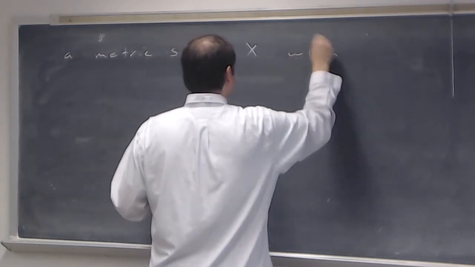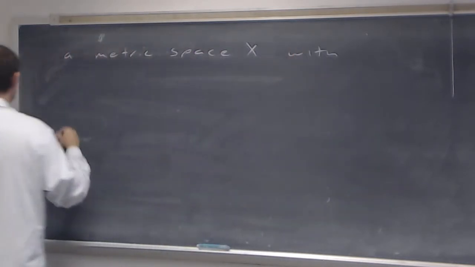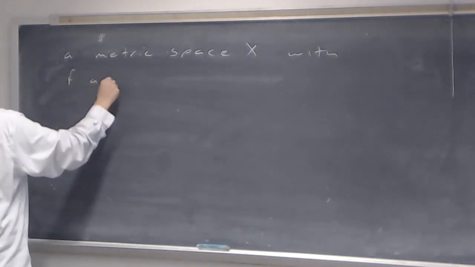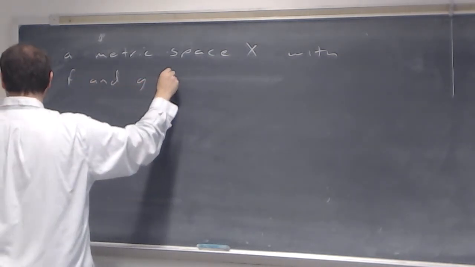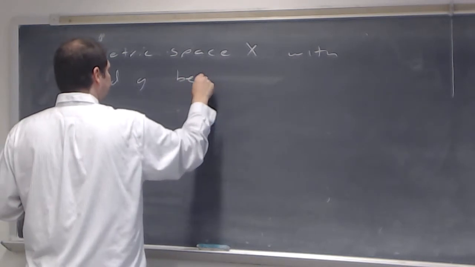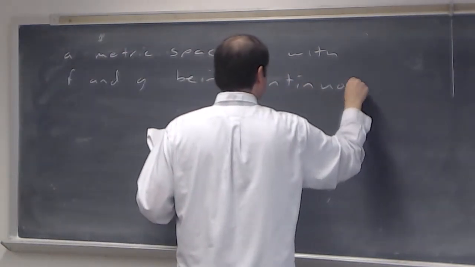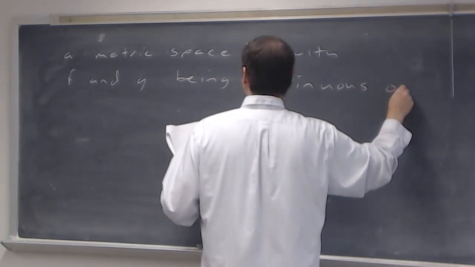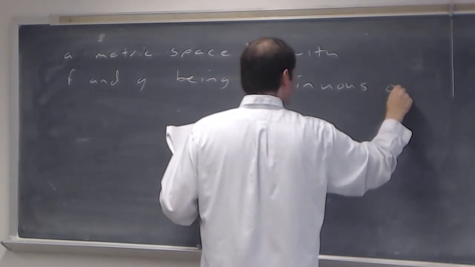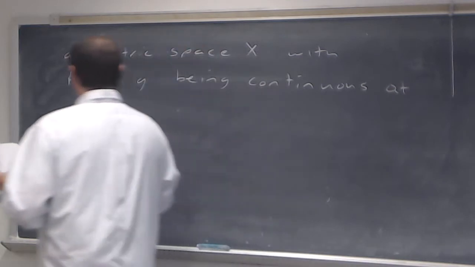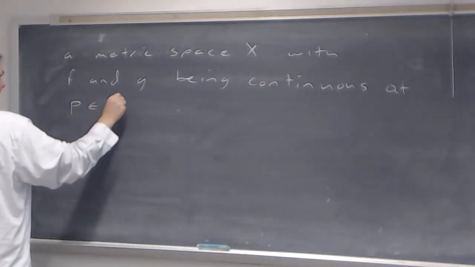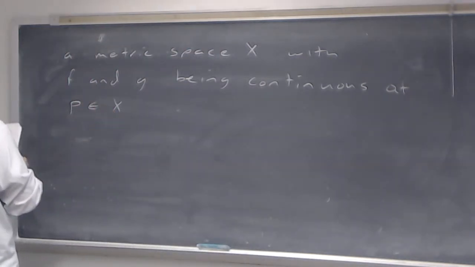With f and g being continuous at P, an element of X. So here are our four parts.